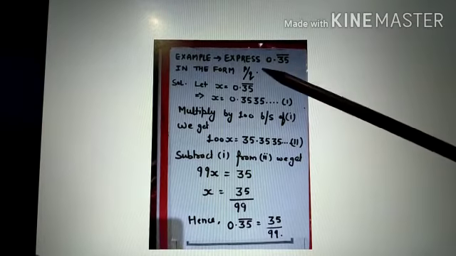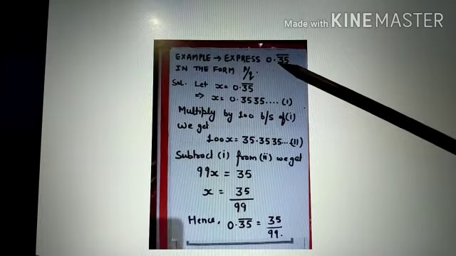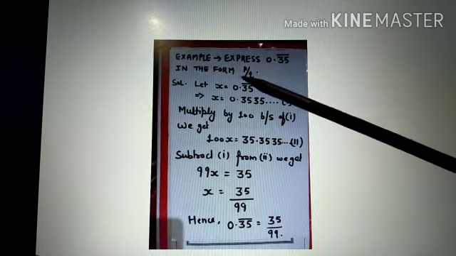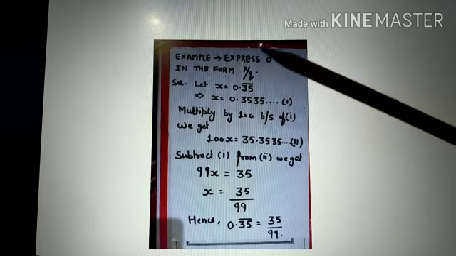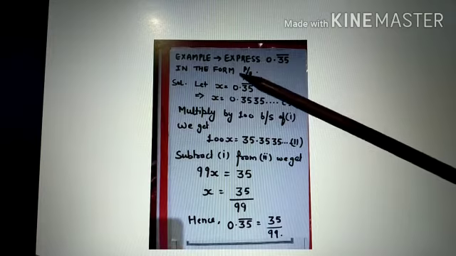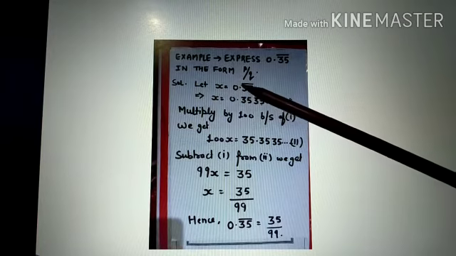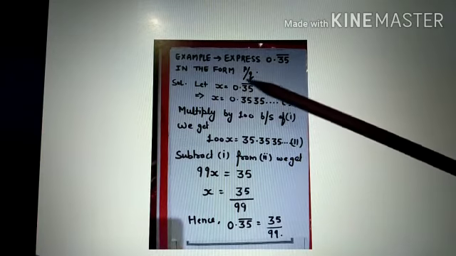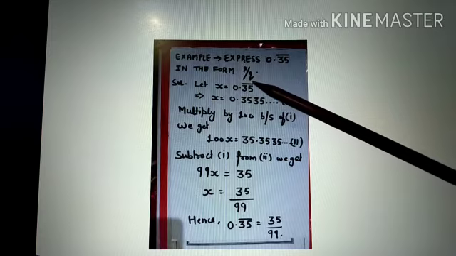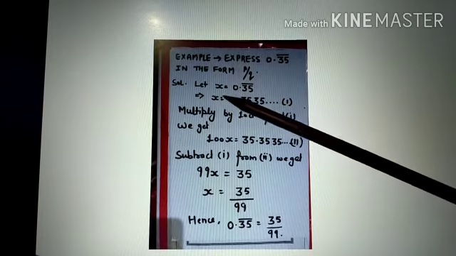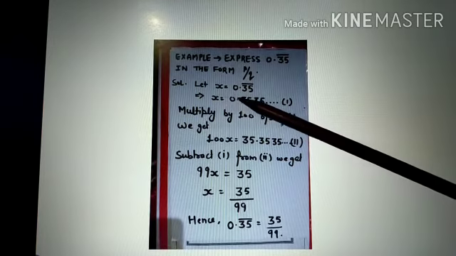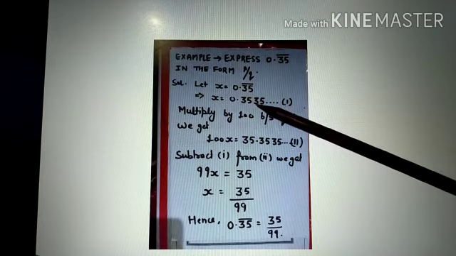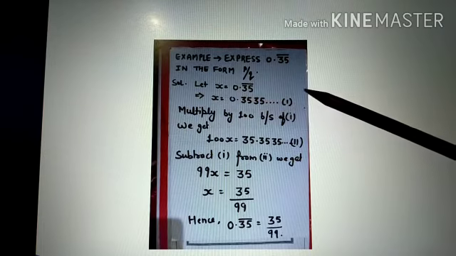Now we have to express 0.35 bar in the form of P by Q. So first step, we let x is equal to 0.35 bar. Then we have to remove the bar, so it becomes x is equal to 0.353535 and so on.